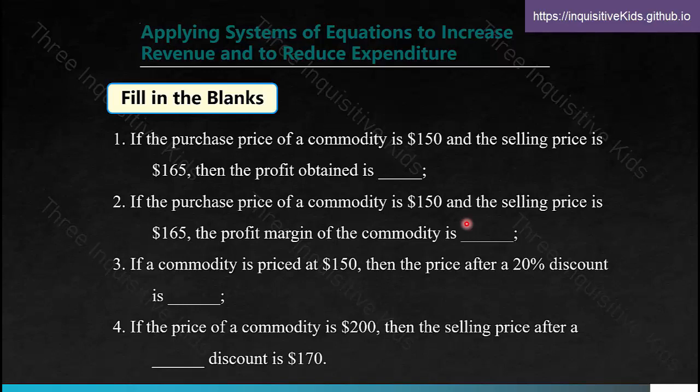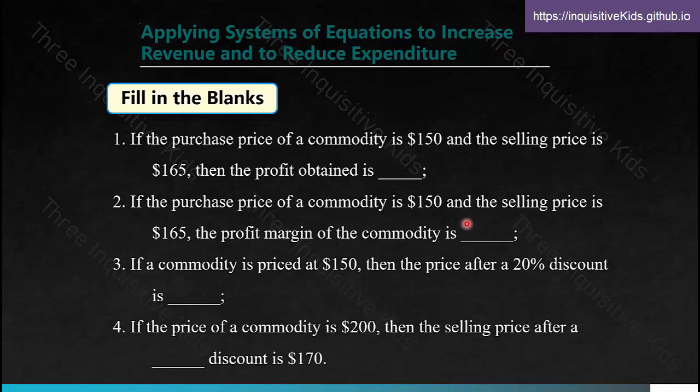And expenditure, or expenses, is what we have to pay. If you're running a business, you have to first pay. Maybe you have to pay for the store you're selling your stuff at. Maybe you have to pay for the goods. Maybe you have to pay for the transportation. Those are all examples of expenses that you might encounter.